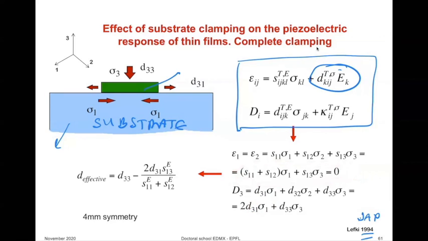And we obtain, if you do that, and I suggest that you do this calculus, this exercise, which is really very simple, that the effective piezoelectric coefficient of such a film is equal to d33 coefficient of the film. So I should write here subscript F, of the film.